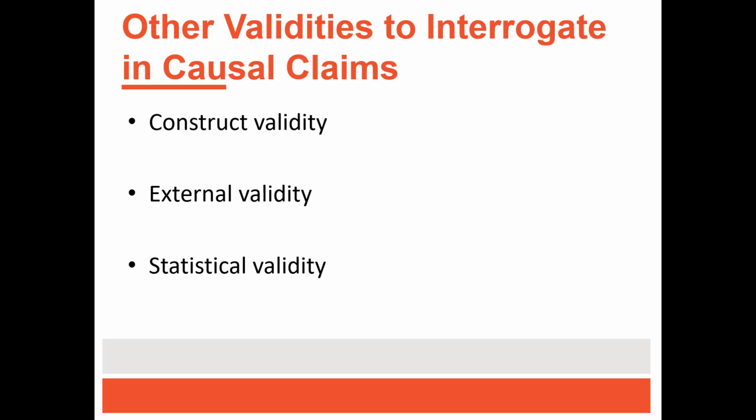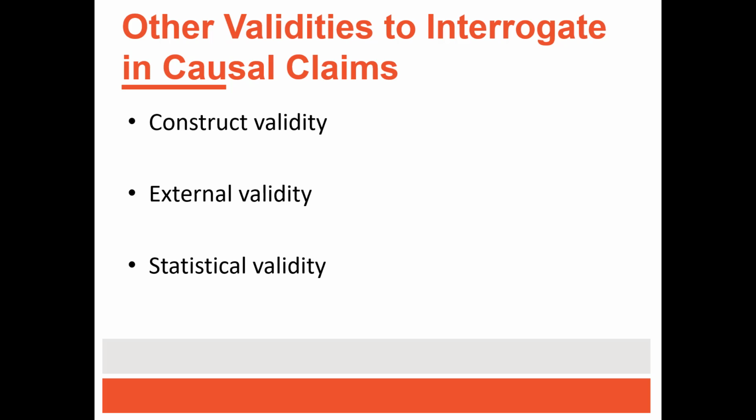We have been emphasizing internal validity because it is only important when interrogating causal claims. However, we still need to consider the three other types of validities. Construct validity is always important regardless of what type of claim you're making. You need to consider the construct validity of both the manipulated variable and the measured variable.